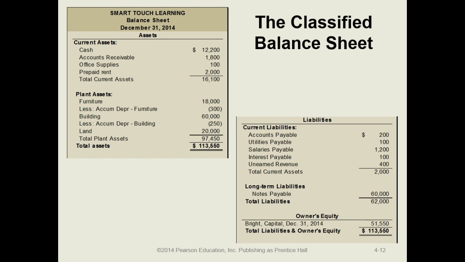So cash is obviously the most liquid asset, followed by accounts receivable, office supplies, prepaid rent, etc. And then we put the long-term assets down below. In the same way, we put current liabilities on the top of the liability section, and then long-term debt and equity at the bottom.